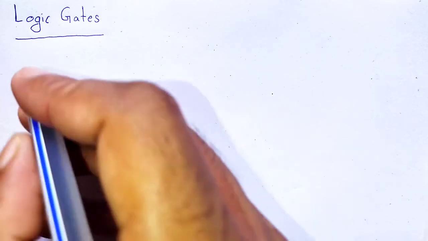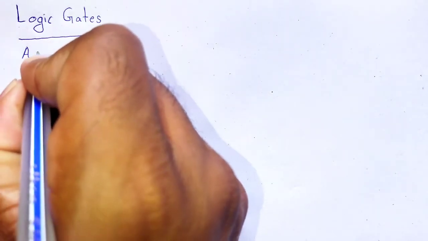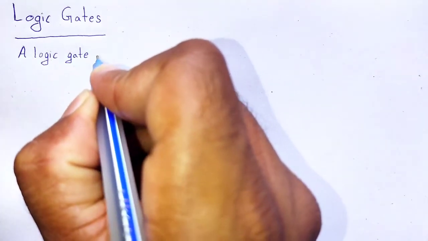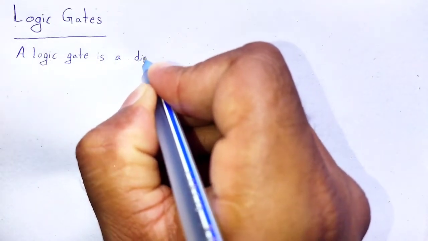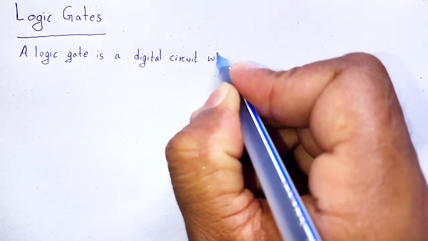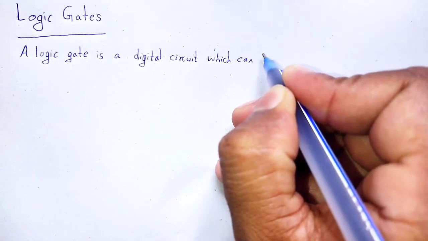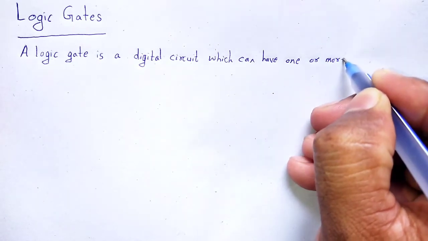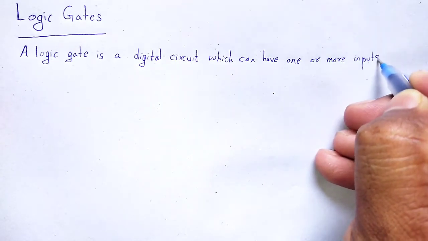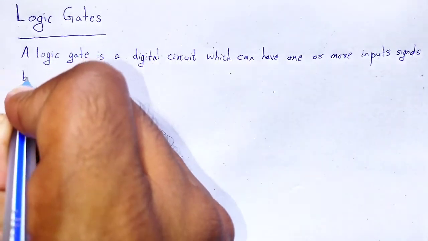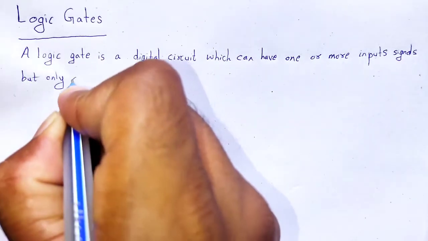Therefore, what is a logic gate? A logic gate is a digital circuit which can have one or more input signals, but only one output.